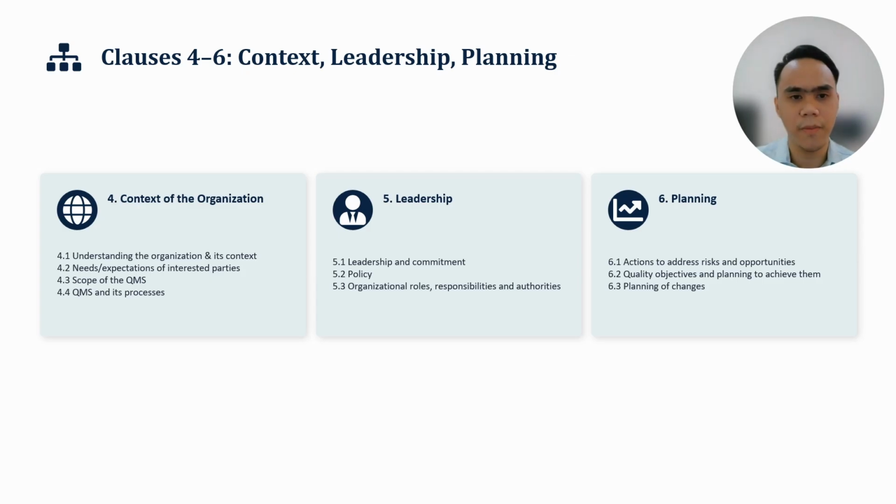It breaks into 4 sub-clauses. 4.1 is understanding the organization and its context. 4.2 is understanding the needs and expectations of interested parties. 4.3 is the scope of the quality management system, and 4.4 is the quality management system and its processes. So this whole clause is essentially about knowing where your organization sits before you design anything. You cannot build an effective QMS without first understanding your own context.